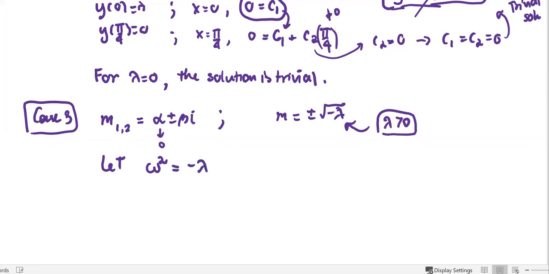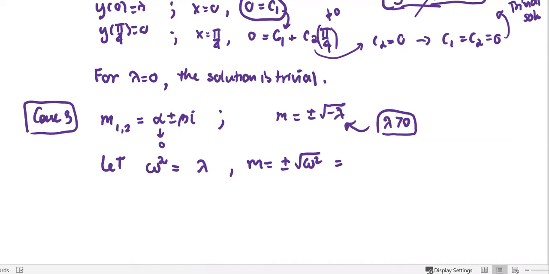So the m equals plus minus square root of negative lambda. Not negative sign, I'm sorry. Since lambda is already positive, omega square is going to be lambda.